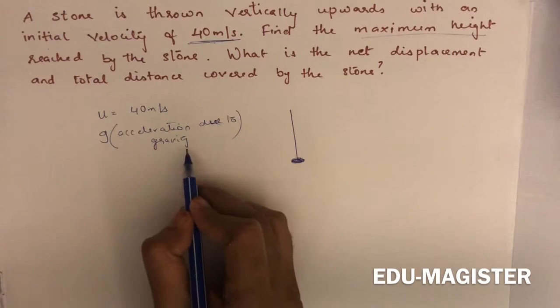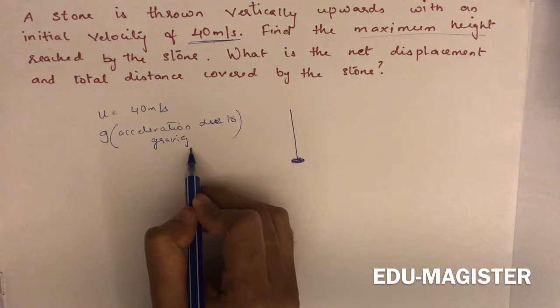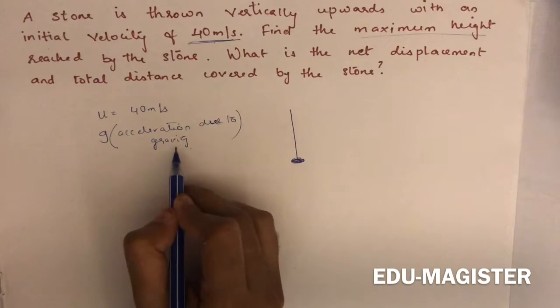What is acceleration due to gravity? It is the acceleration, or the force, with which the earth pulls any object towards itself. That is gravity, right? So any object that is being thrown into the air gets acted upon by this acceleration due to gravity.